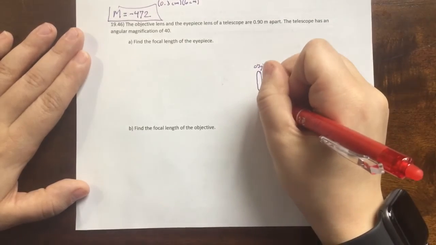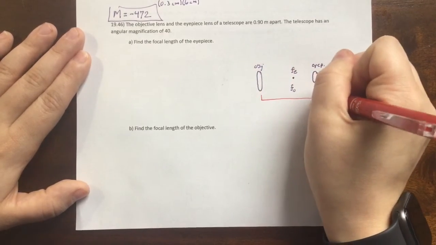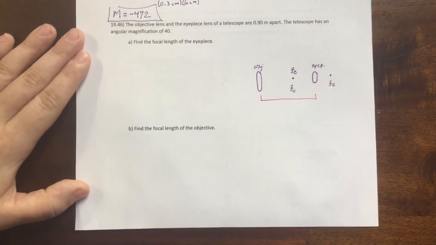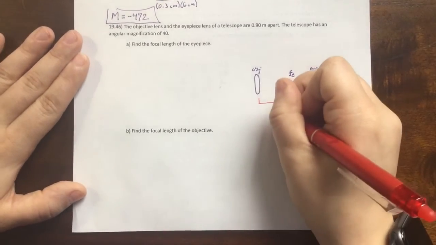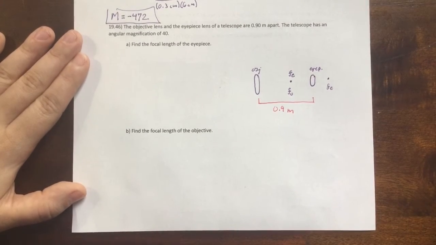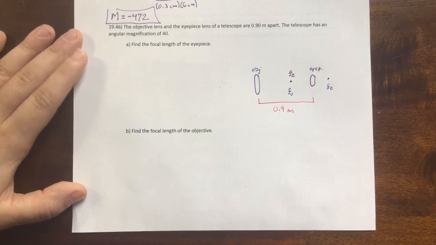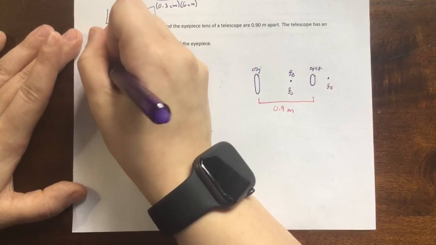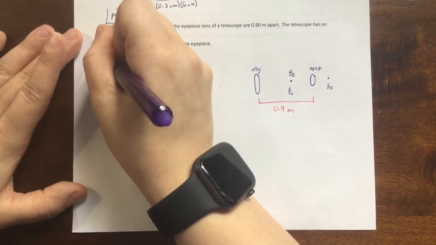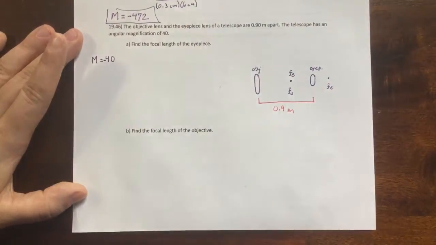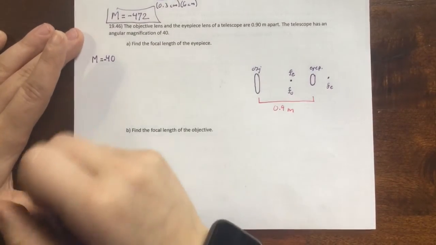We've been told that the distance between those two is 0.9 meters. Our magnification is 40. Actually, it should be minus 40 because it's inverted.